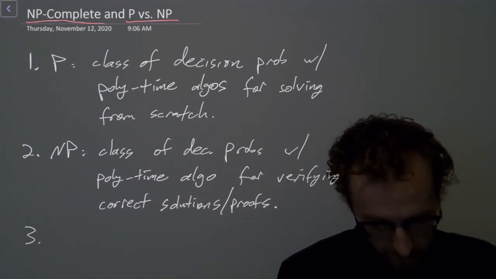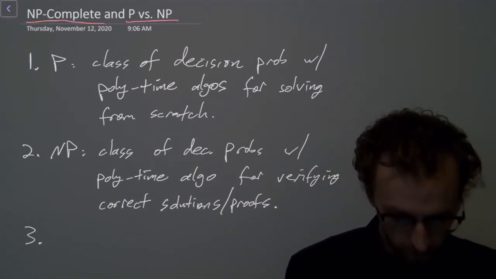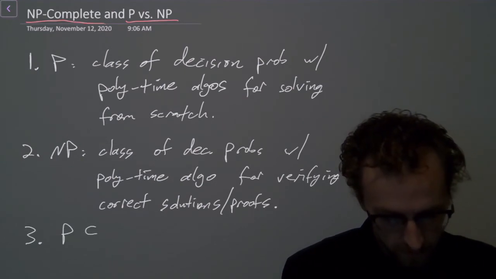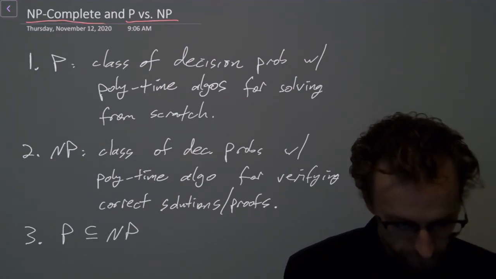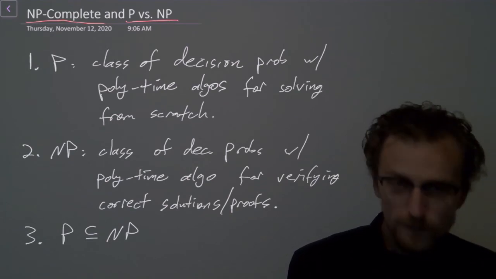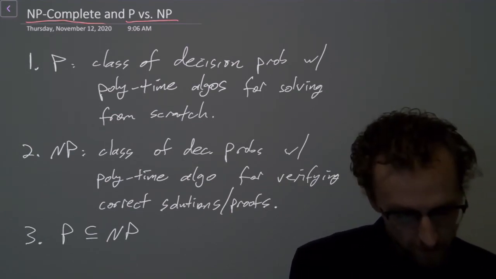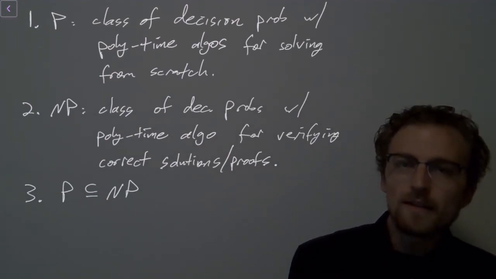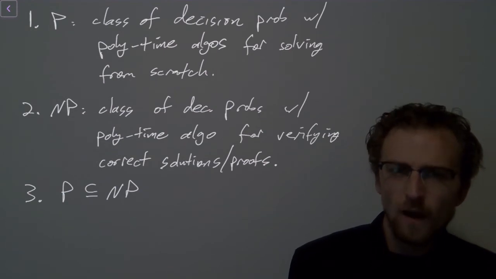So here's the fact that relates these two classes: P is a subset of NP. There are a couple different ways of thinking about this. For our purposes, it's going to be really useful to think of it in terms of how hard these problems are to solve.